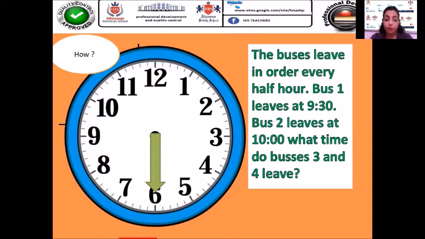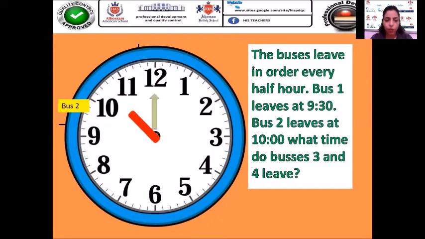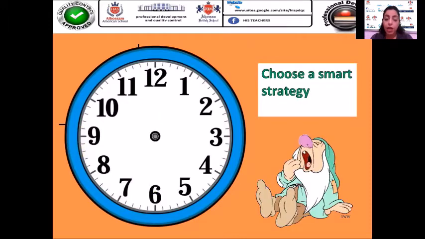So this is for bus number 1, 9:30. And you said that every bus leaves within half an hour. So bus number 2 will leave at 10 o'clock. Bus number 3 will leave at 10:30, and bus number 4 will leave at 11 o'clock.